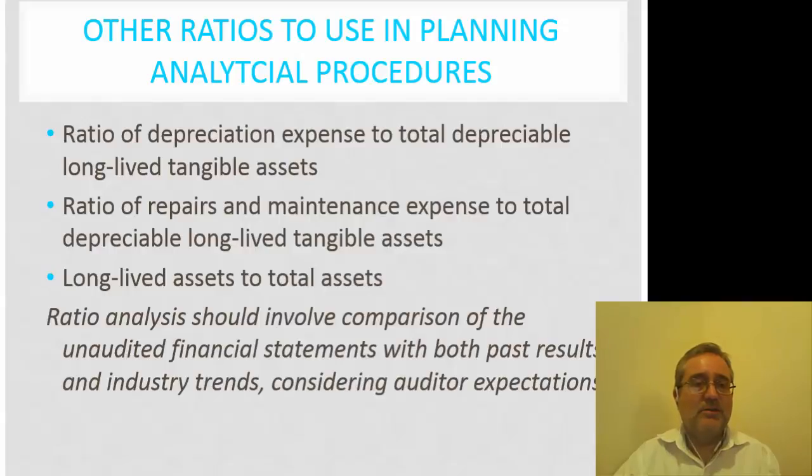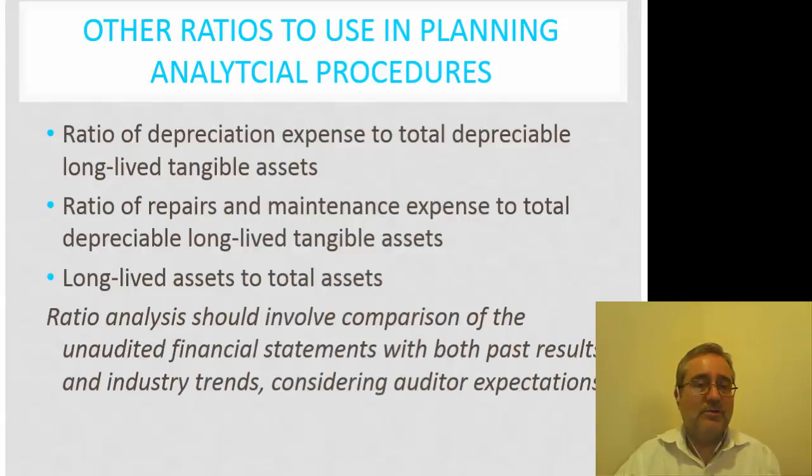We also want to consider the long-lived assets to total assets. Again, this is an item that probably should not change significantly from year to year, assuming there are no major additions or subtractions. If there are, then certainly that's going to explain what's taking place, but the ratio itself will direct our attention to these types of changes.